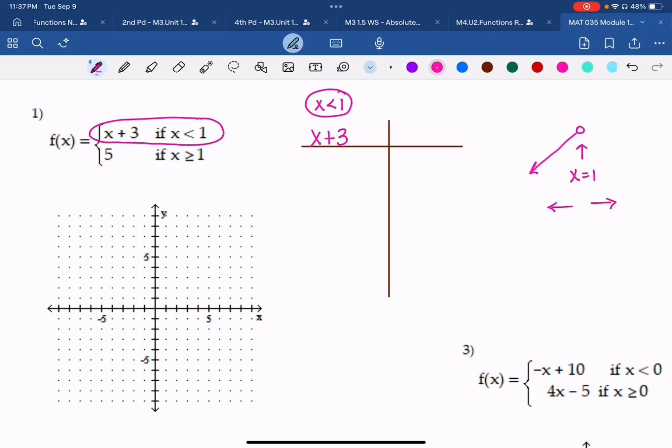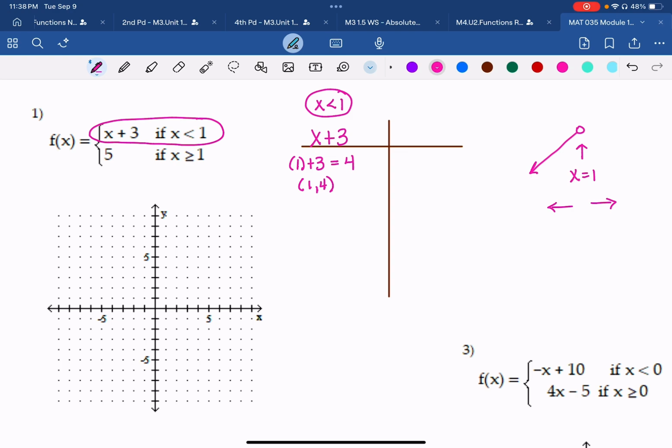I know x is 1, so I'm going to plug in 1: 1 plus 3 gives me 4. That tells me I have a point at 1, 4 on my graph.